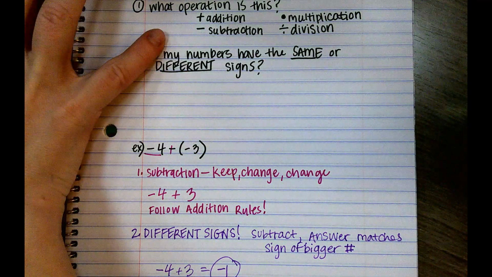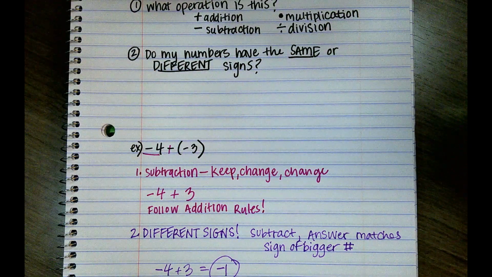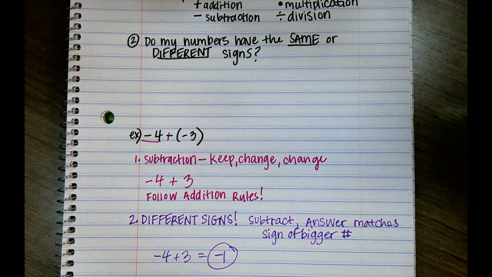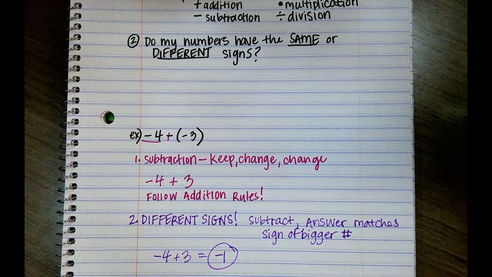We want to make sure we're thinking about the right operation, following the rules, and then asking, now do I have same signs or different signs? What do I do based on that? That's just an example of a way to use that thought process to move through solving some of these.